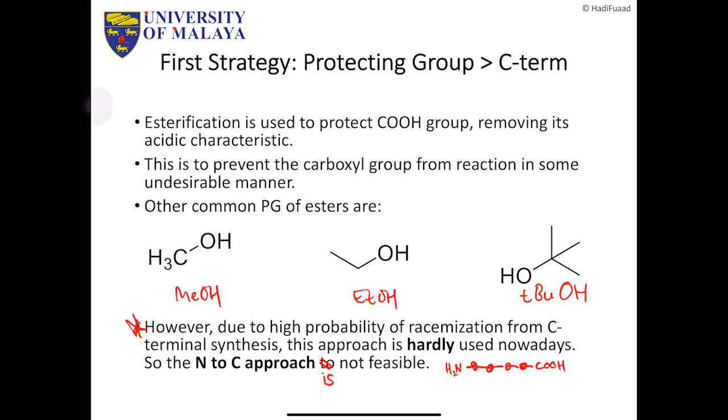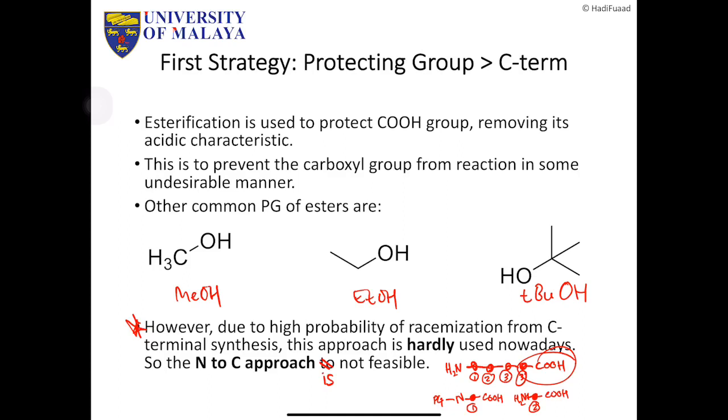N to C means the first amino acid starts at the N terminal, with your N protecting group, and initially you have a free carboxyl, and then you want to add the second amino acid. So you grow the peptide from N to C. This approach is not feasible again because of the free carboxylic acid.